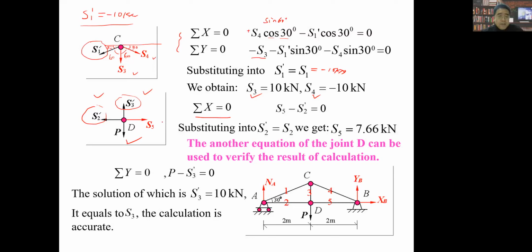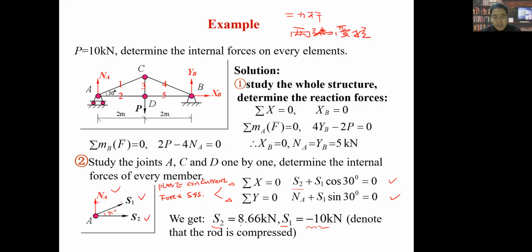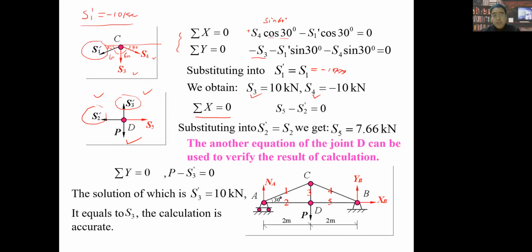So it is very easy to find S5 minus S2 prime equals 0. So S5 will equal S2 prime, I'm sorry, S2 prime equals S2, and equals what? We can find S2 equals 8.66 kilonewtons, right?